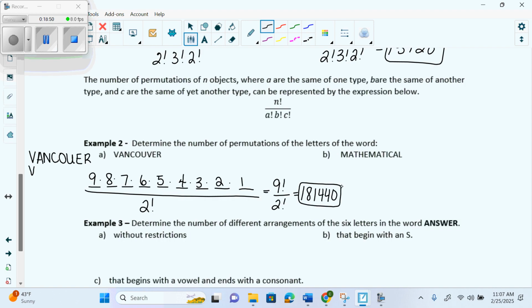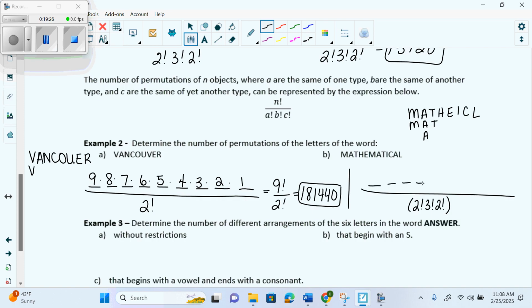Okay, then we have mathematical. M, A, T, H, E, M, A, T, I, C, A, L. So before I even do the question, I have 2 factorial, 3 factorial, 2 factorial in the denominator. You see that? 1, 2, 3, 4, 5, 6, 7, 8, 9, 10, 11, 12.